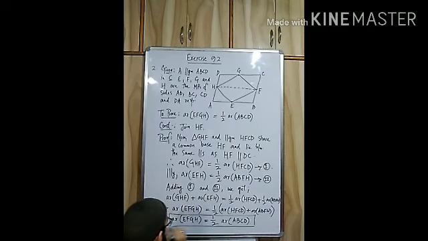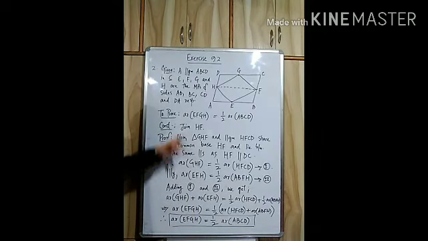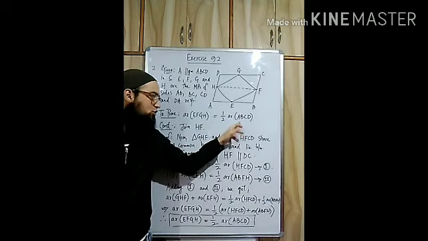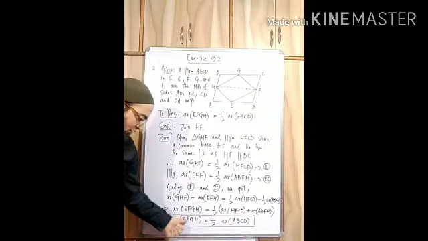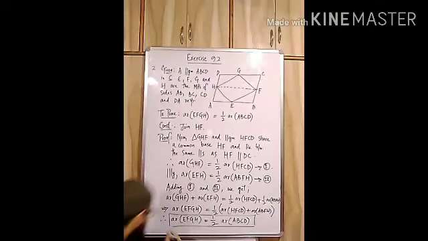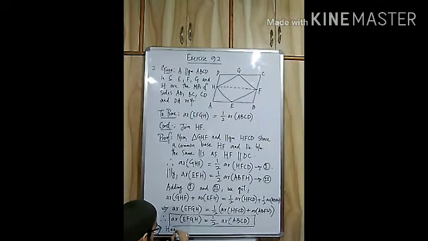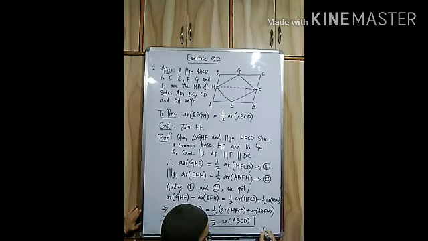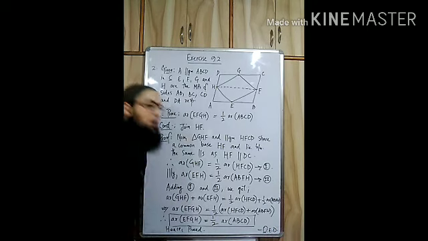And we proved what we were required to prove. Area of EFGH is equal to 1 by 2 area of ABCD. Hence proved, quod erat demonstrandum. Make a note.